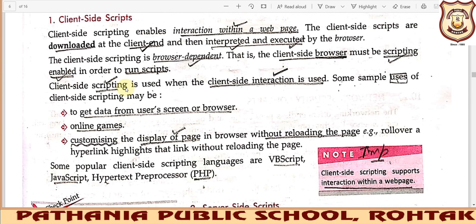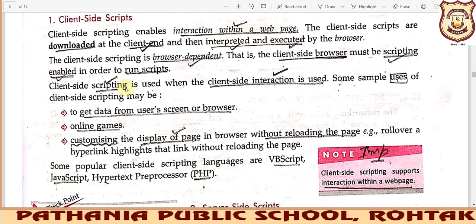Client side scripts are the scripts that are downloaded at the client end, and then the browser will interpret or execute them. Fine. So these client side scripts are dependent on the web browser. We know web browsers, like Apple Safari, Mozilla Firefox, and Internet Explorer. So when the client wants to interact with the web page, client side scripting should be used.